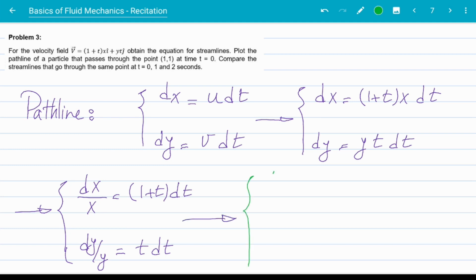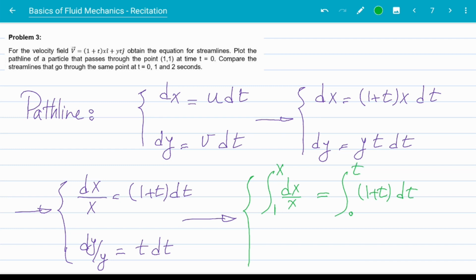We are making the integral of dx over x from the initial position of the particle in this problem, at x equal to 1, to a final location x, is equal to the integral of (1 plus t) dt from the initial t equal to 0 to a final time t.